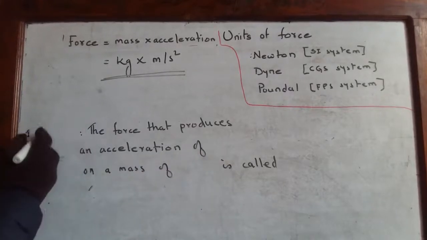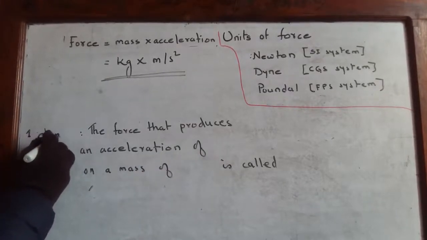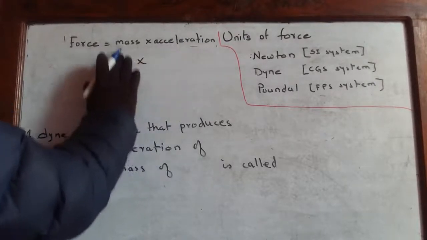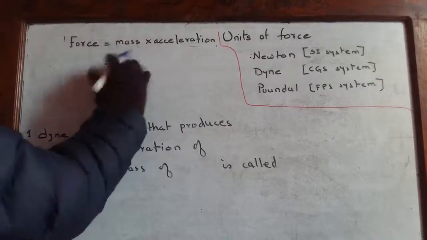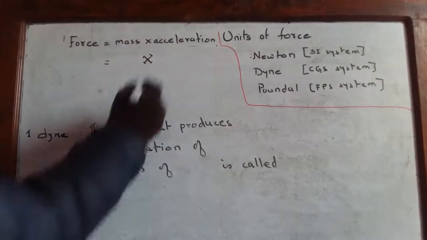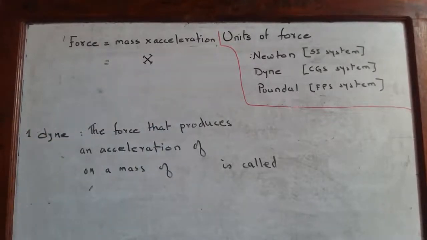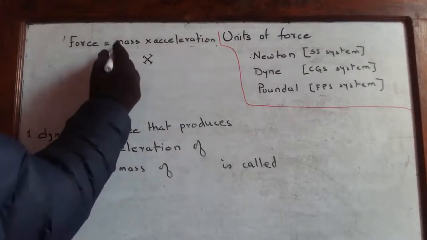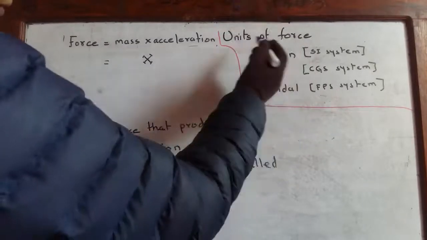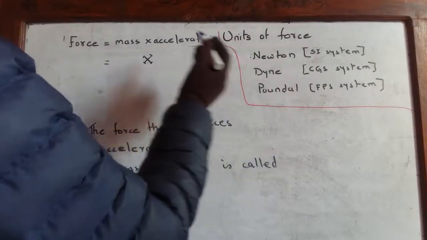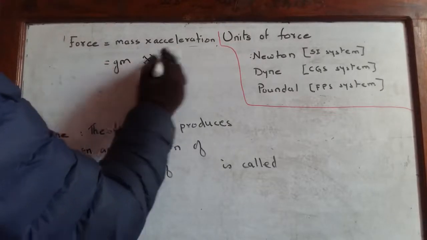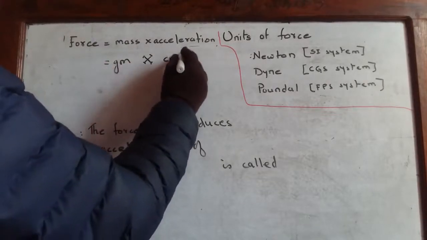Now to define dyne, 1 dyne. Dyne is the CGS unit of force. So the CGS unit of mass is gram, and acceleration is centimeter per second square.